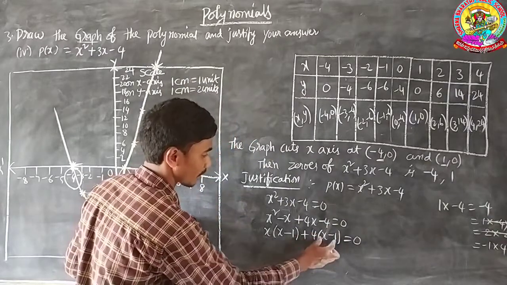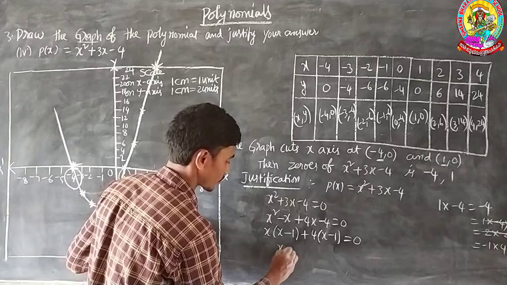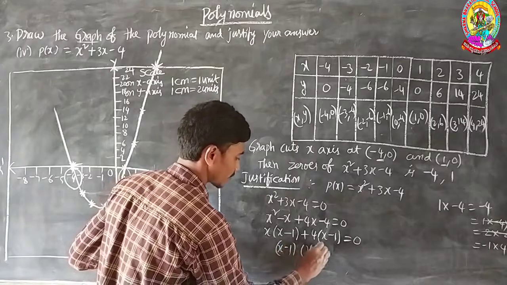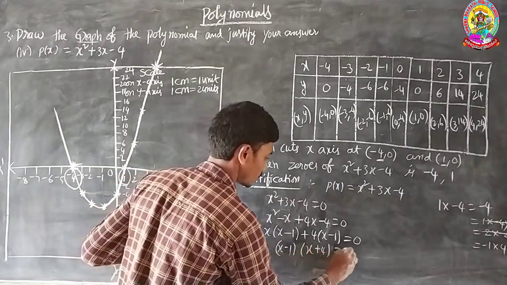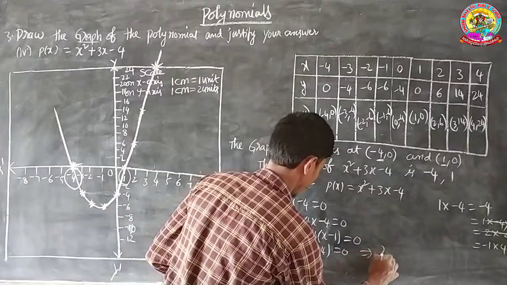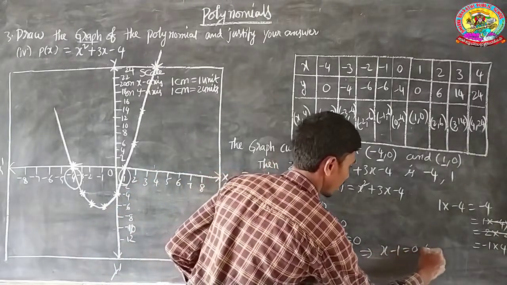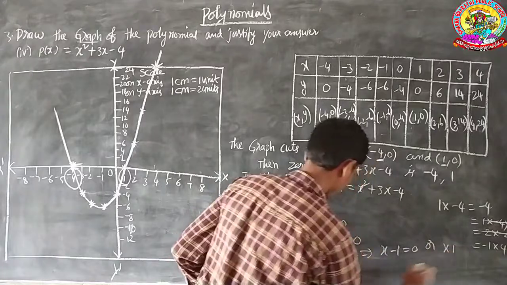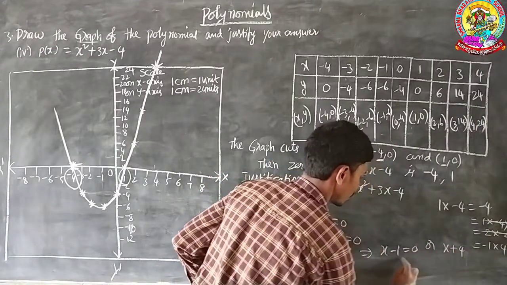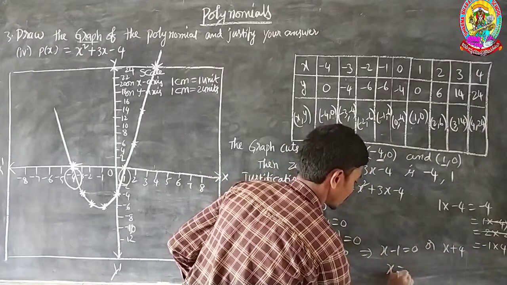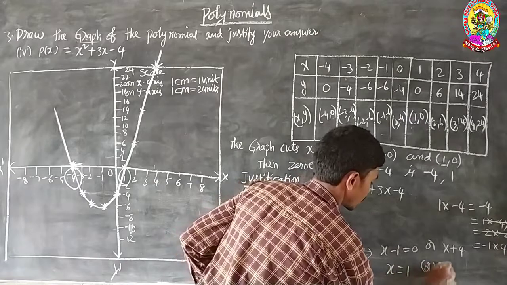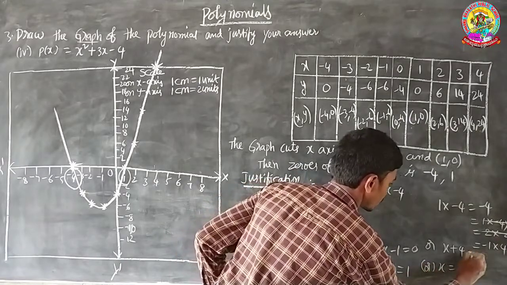So here x minus 1 is common in this expression. So x minus 1 into x plus 4 is equal to 0. From this, either x minus 1 is equal to 0 or x plus 4 is equal to 0. From x minus 1 is equal to 0, x is equal to 1, or x is equal to -4.